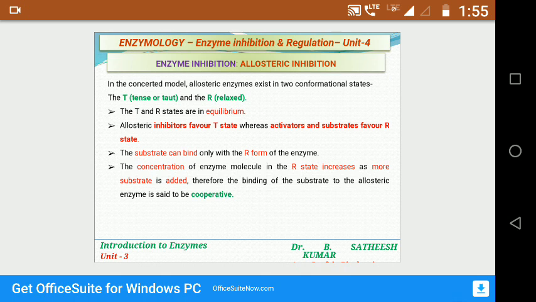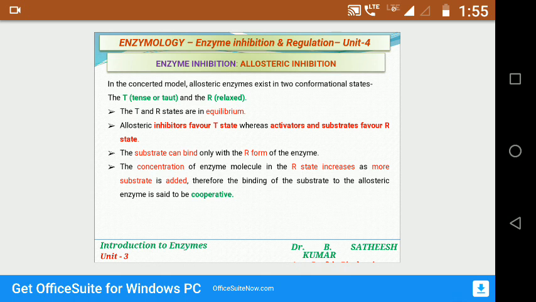The substrate can bind only the R form of the enzyme because it is relaxed, and the substrate binding site, the active site, is accessible for the substrate. The substrate easily binds to the active site. Therefore, the R form is the reactive form to which the substrate binds and catalytic activity takes place. So R is the reactive form, and it is the active form of the enzyme.